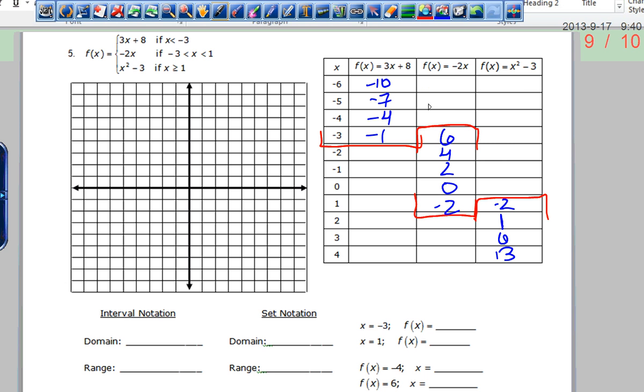Now 3-parter. Who is excited? I'm excited. -6, comma -10. Down here. -5, -7. -4, -1.